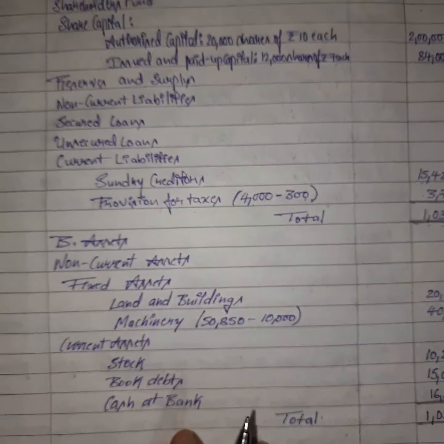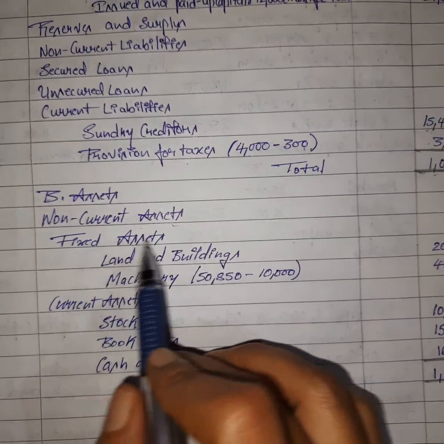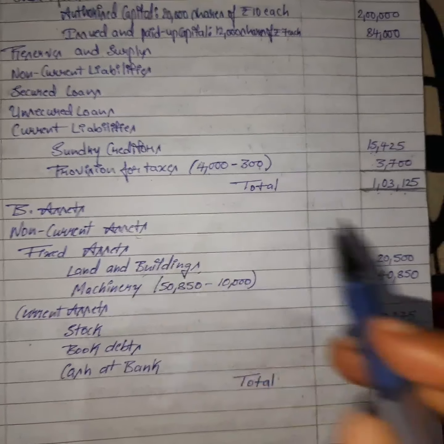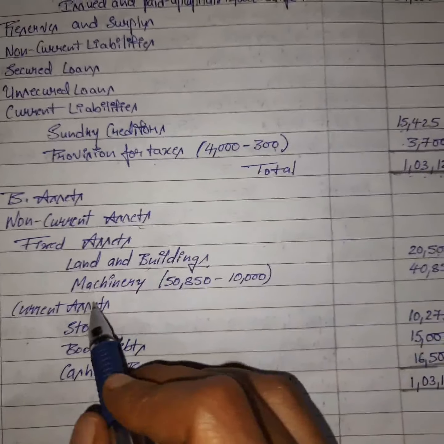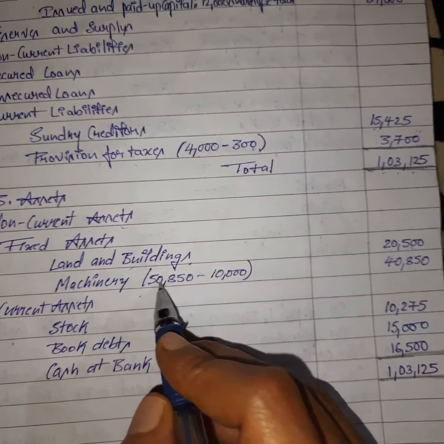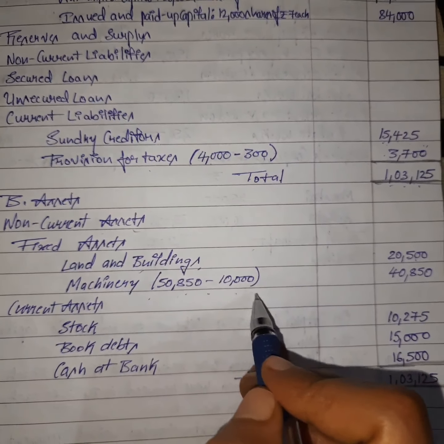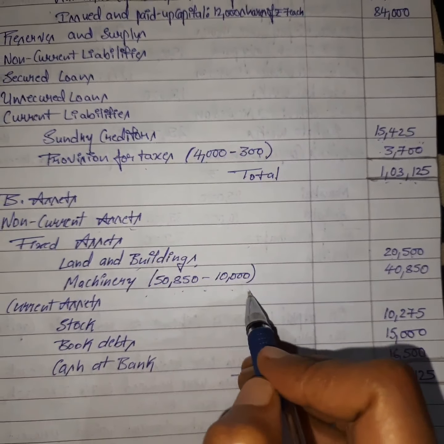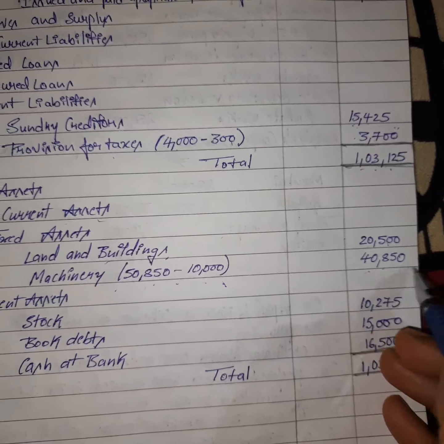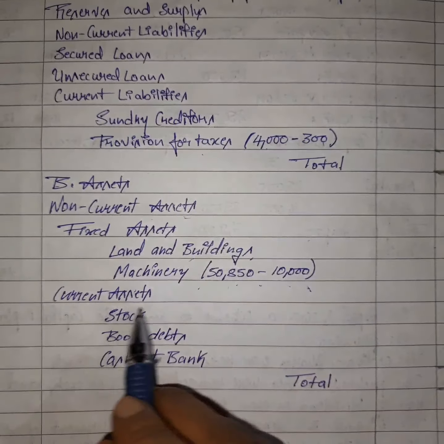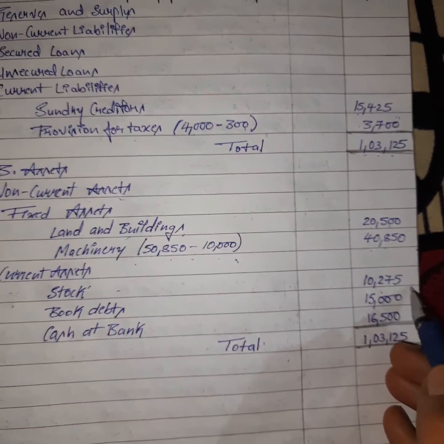1,03,125. Coming to asset side, non-current assets, in that fixed assets, land and building, from balance sheet you have taken 20,500. Coming to machinery, in the balance sheet 50,850. The overvalued amount is 10,000. You will be deducting that, so then you will be getting 40,850. Coming to current assets, stock 10,275.